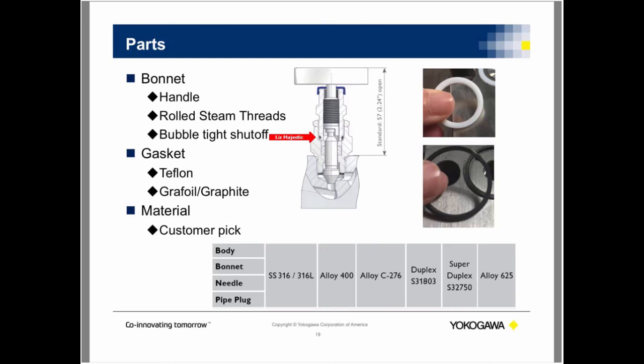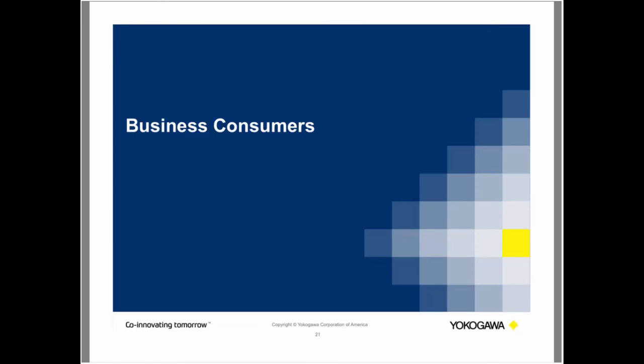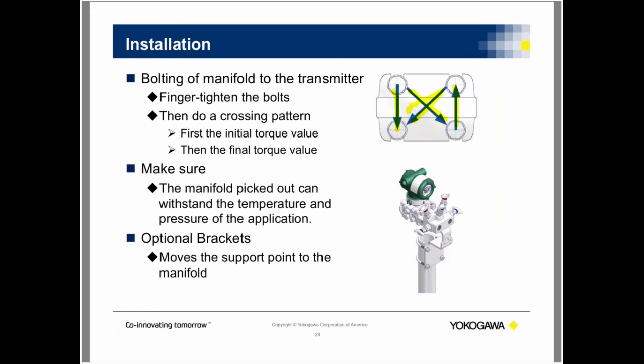I can understand that manifold brackets are expensive, but as I was saying in the installation, sometimes skid owners, or companies that are building skids, want to have their brackets on the manifolds already out in the field, and they want to keep their transmitters in the warehouse until they have to be brought out. But you can have a transmitter bracket and a manifold together and not have the bracket on the manifold. You just have to specify it on the manifold.